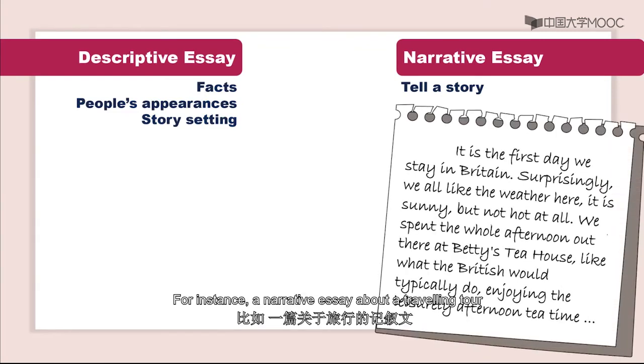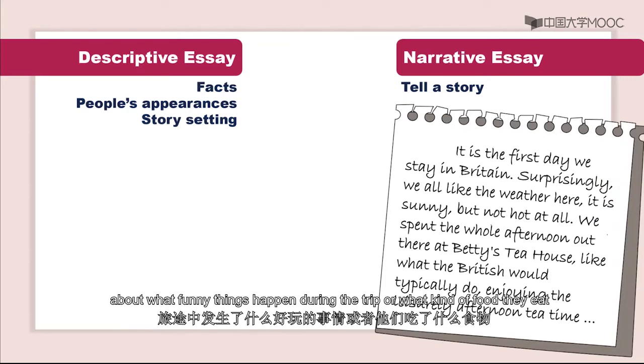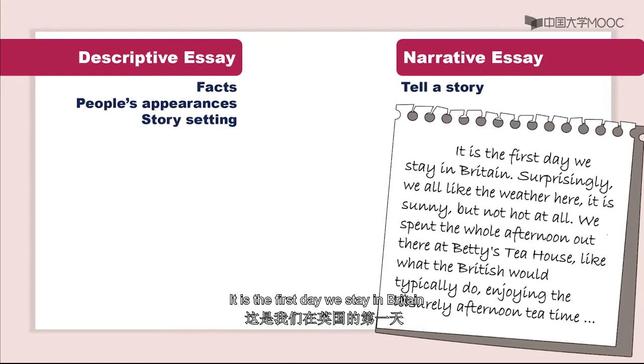For instance, a narrative essay about a traveling tour can tell the story of a family taking their trip to an island country, about what funny things happen during the trip or what kind of food they eat. It is the first day we stay in Britain. Surprisingly, we all like the weather here. It is sunny, but not hot at all.